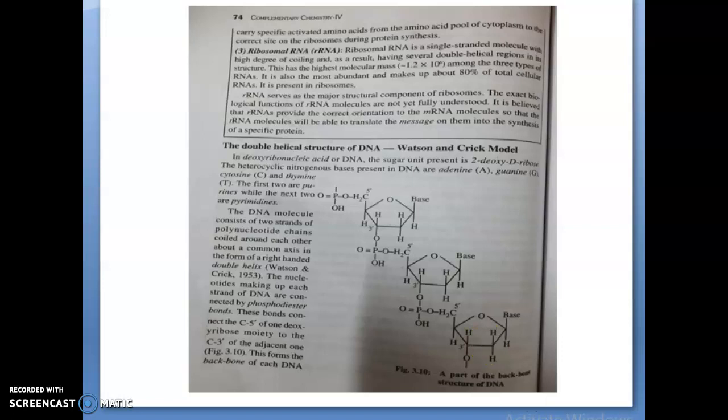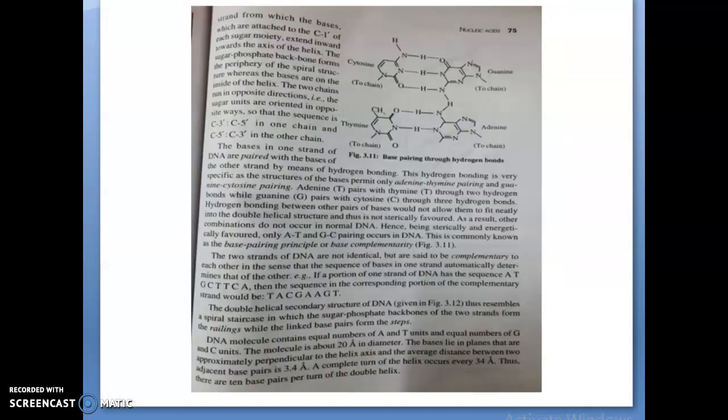Bases in one strand of DNA are paired with bases of the other strand. DNA contains two polynucleotide chains, two strands. The bases of one strand are paired with the bases of the second strand, linked through hydrogen bonding. The base pairs are adenine with thymine and guanine with cytosine.